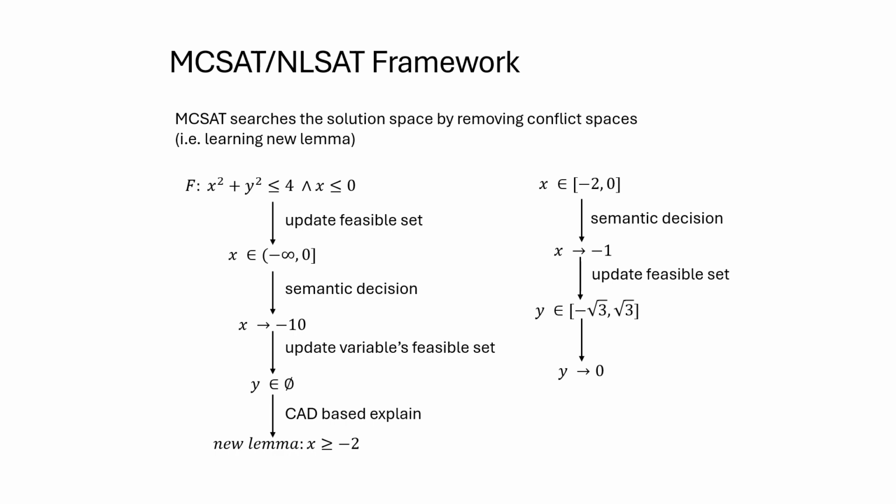Then we get a new value and use the semantic decision to determine the value. For example, we get the value -1. Then we again update the feasible set of the first value, and then we choose the final assignment for y. Then we determine that this formula is satisfiable under the assignment x equals -1 and y equals 0.